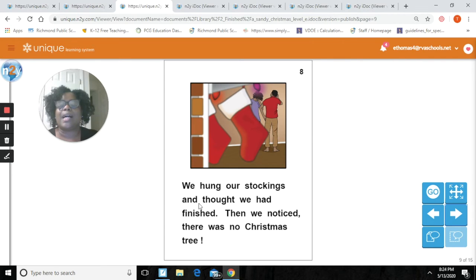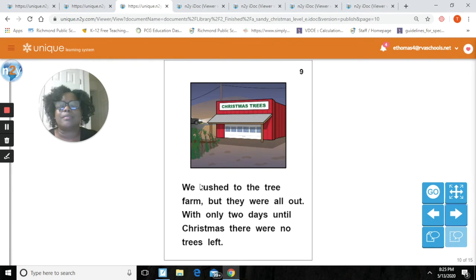We hung our stockings and thought we had finished. Then we noticed there was no Christmas tree. We rushed to the tree farm, but they were all out. With only 2 days until Christmas, there were no trees left.